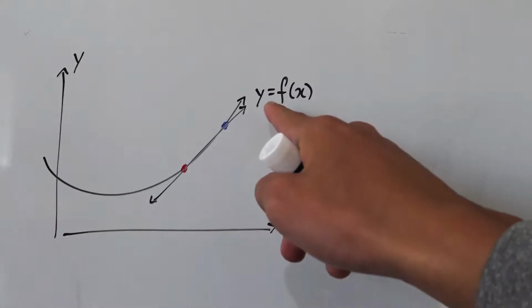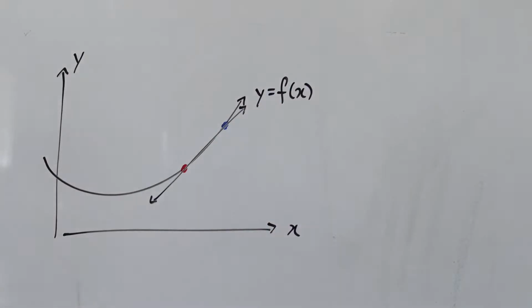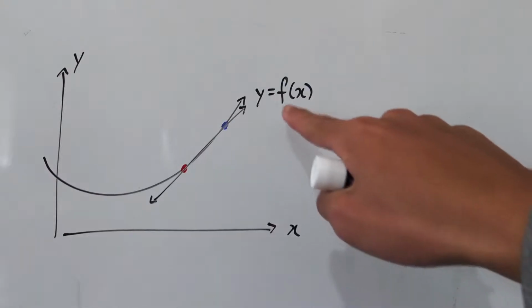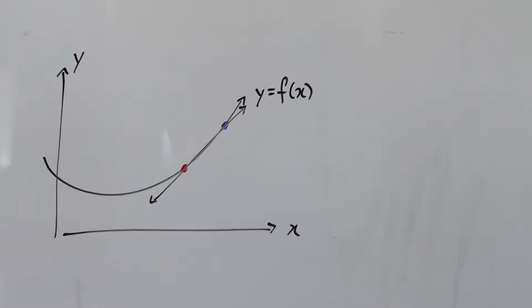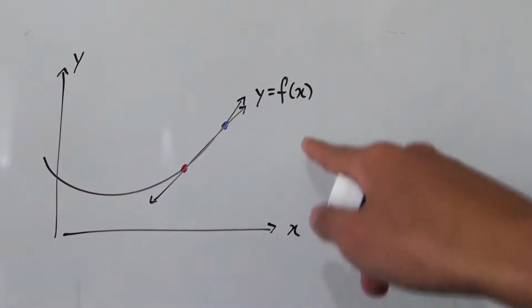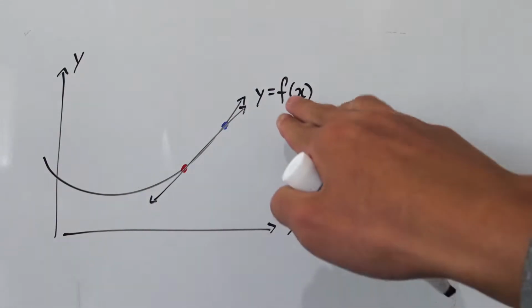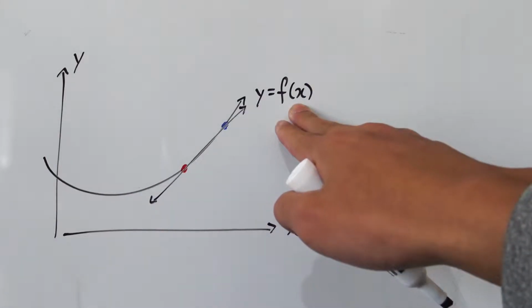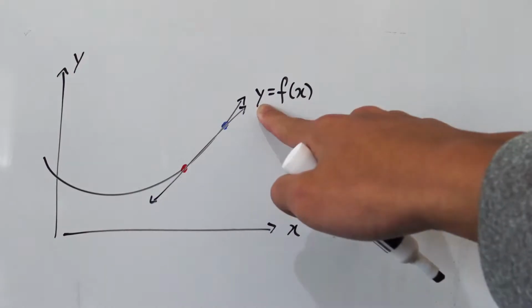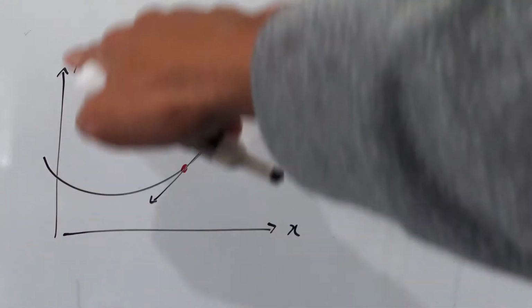So let's take a look at this curve right here. I've called this function y equals f of x. f of x can be any function, it really doesn't matter. We're taking in inputs of x along our x-axis, inputting the x into our function, and whatever value we get out of our function is represented by a y value on our y-axis.